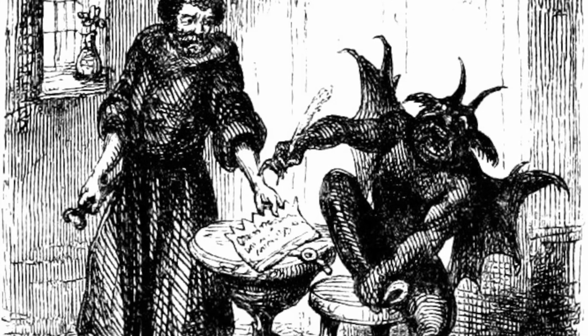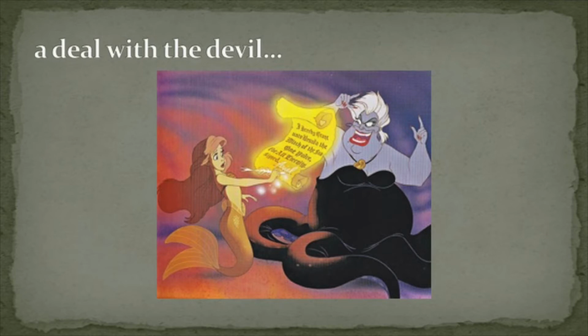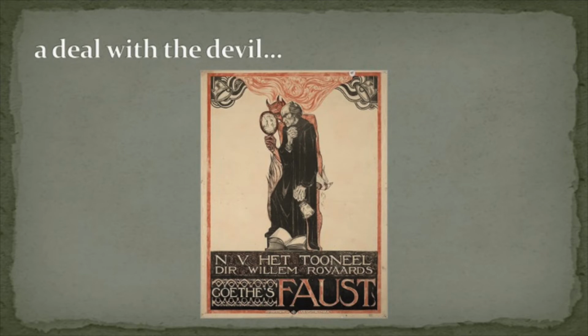But there are many other versions that include the same basic idea of a deal with the devil or some evil supernatural figure. Another famous one is the story of Faust or Dr. Faustus, where a man makes a deal with the devil to make a woman fall in love with him.